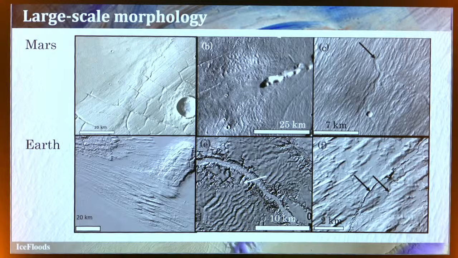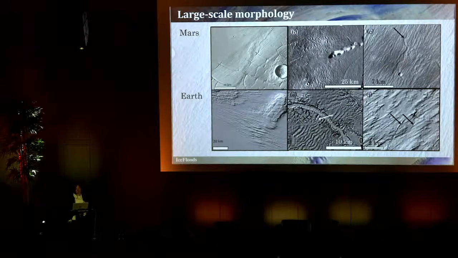So we can see a lot of landforms, and notably on the right, we can see water landforms that have been incised on the grooved bedrock that we can see at the base of the outflow channels on Mars, right? We're going to be comparing the morphology of ice streams and following the criteria to see if the morphology is consistent or not with what we see in the outflow channels.